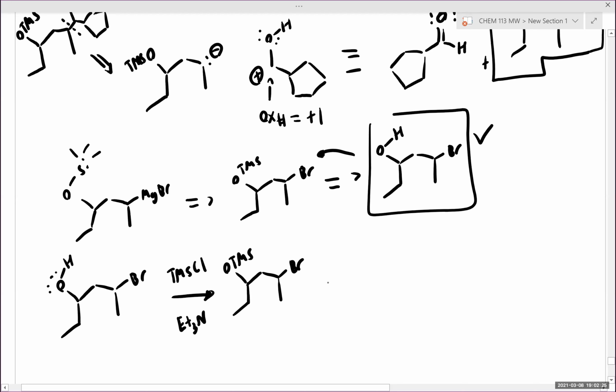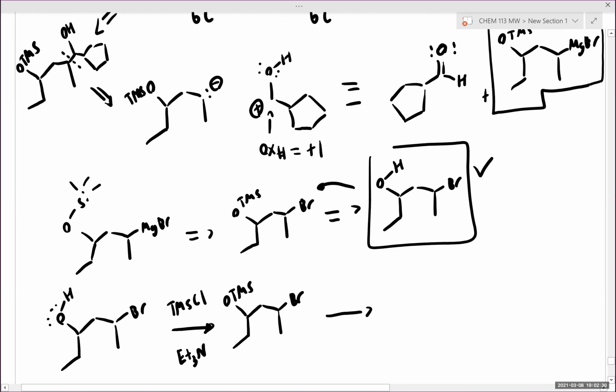Now, we're dealing with a Grignard reaction between a Grignard and an aldehyde. So how do we make our Grignard? So we have our aldehyde ready to go, and we're going to add our aldehyde once we make our Grignard. What do we use to make a Grignard? What exact conditions do we need to make a Grignard?